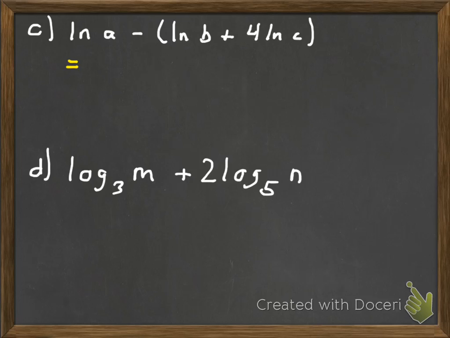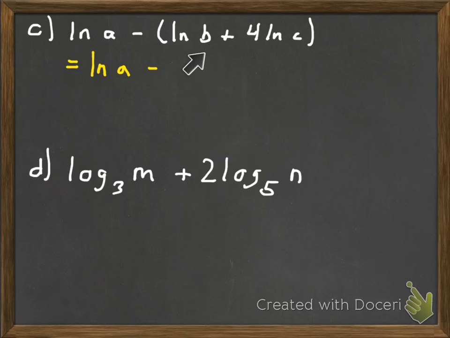Now you're going to see that we've got a subtraction problem here, so we're going to use the quotient property at some point, but inside of these parentheses we've got a sum, and we've actually got a coefficient as well. Okay, well let's take care of what's in the parentheses first, and I think you'll understand what I do if I use the product property and the power property at the same time here. Not doing anything with the ln of a yet, but I'm going to combine what's in the parentheses into a single logarithm.